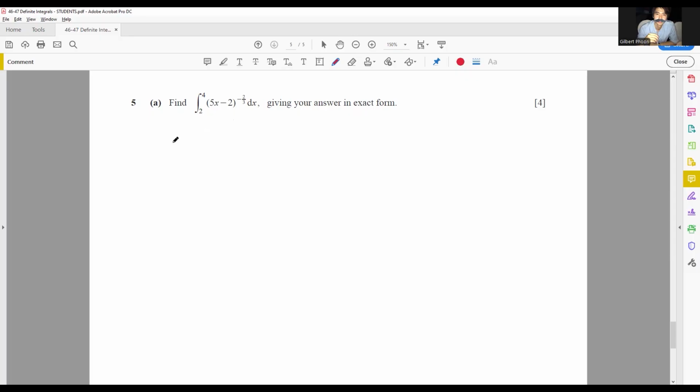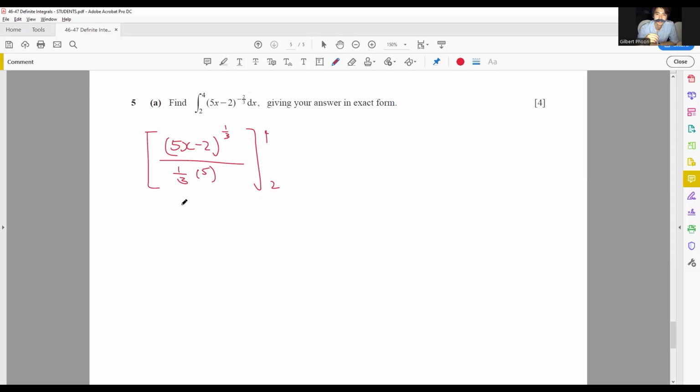So you will get 5x minus 2, negative 2 over 3 plus 1. You will get 1 over 3. The power is divided. The differentiation of inside here is also divided, right? And now we want it between the limits of 4 and 2.